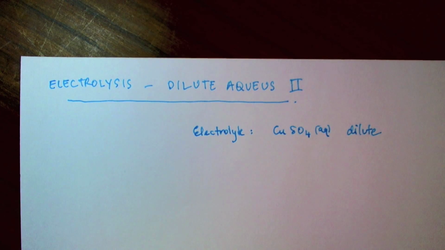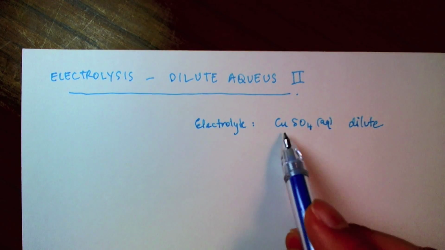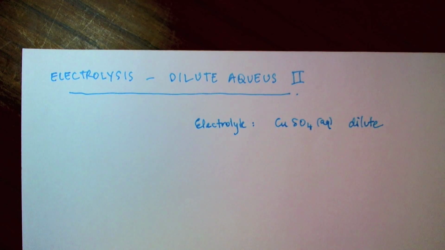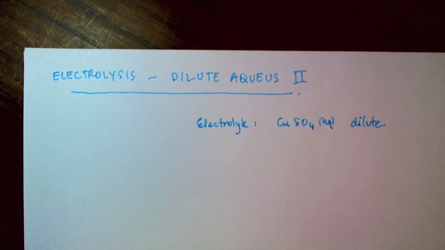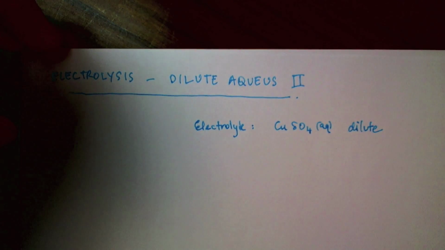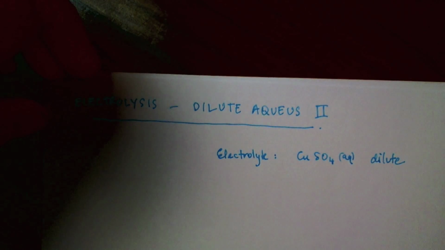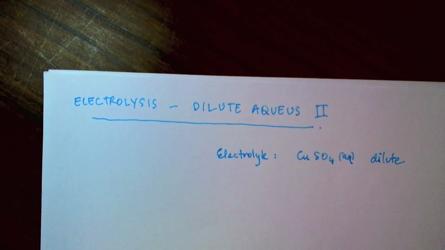So there's lots of water for each ion of copper and each ion of sulfate in a dilute solution, whereas in a concentrated solution there will be much more copper sulfate versus water in it. And as we saw in the last video, that produces some interesting differences in the products of electrolysis.